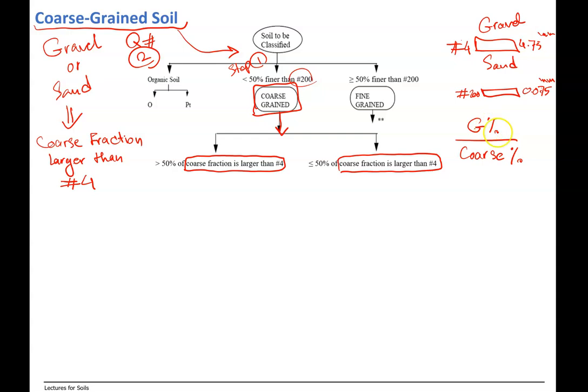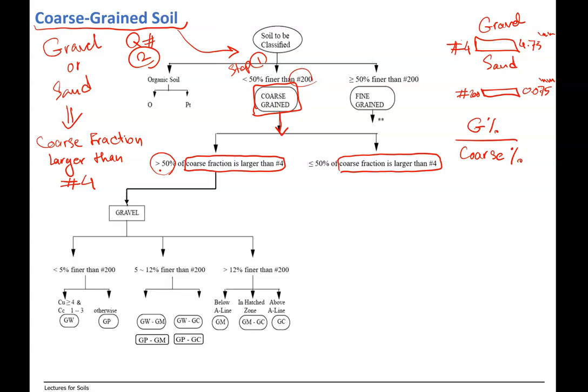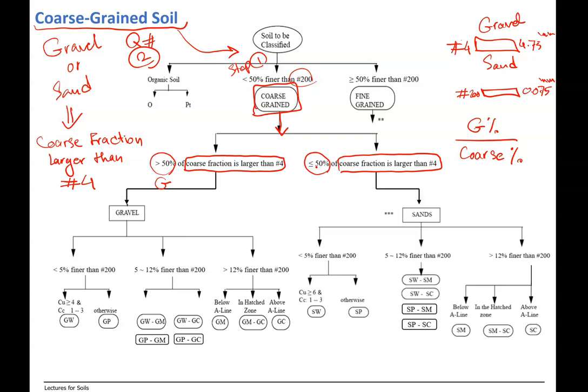Percent of gravel divided by percent of coarse material. If this number is larger than 50%, then we have gravel. If this number is equal or less than 50%, then we have mostly sand, and we will use letter S.